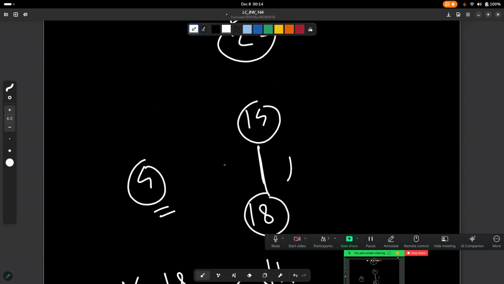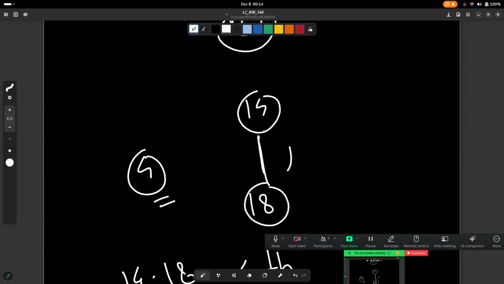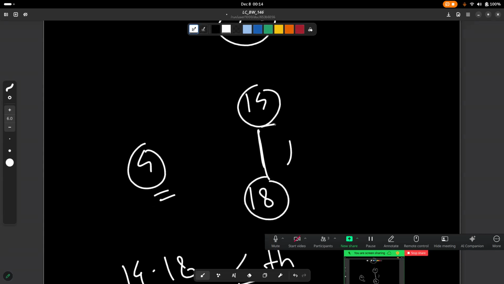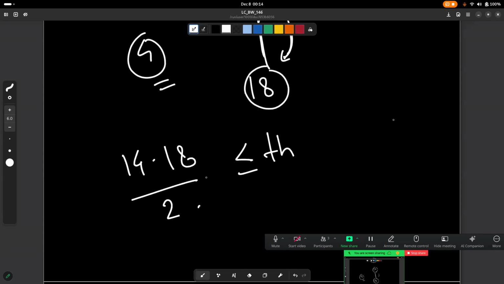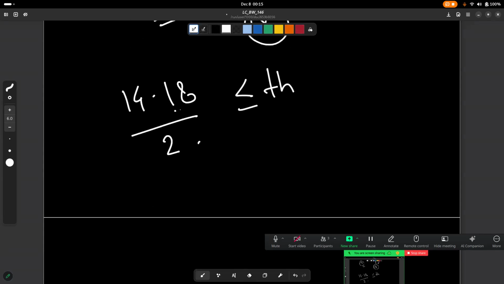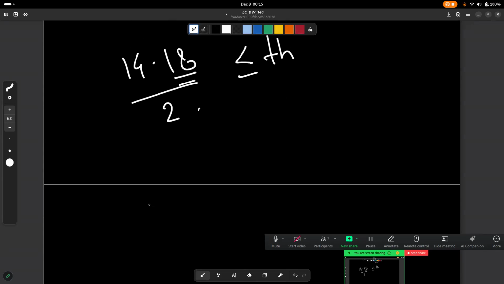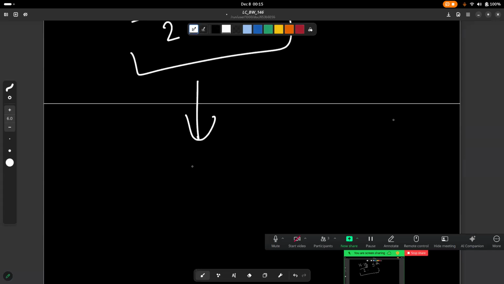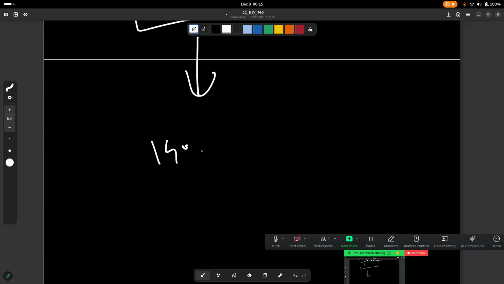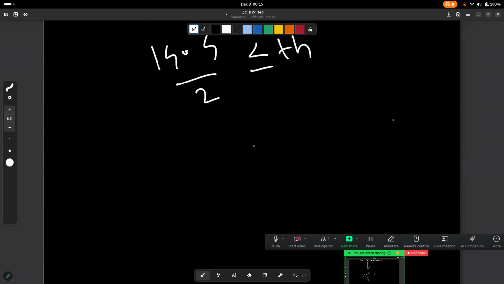What is the smallest number which also shares this greatest common divisor with 14? Well, since you have an edge from 14 to 18, you can replace this 18 by the smallest number, that is 4. So if this equation is satisfied, it implies that this equation, like 14 into 4 divided by 2, also has to be satisfied.